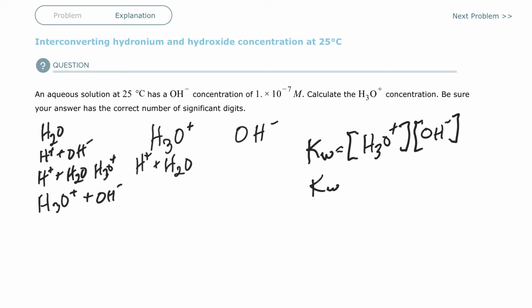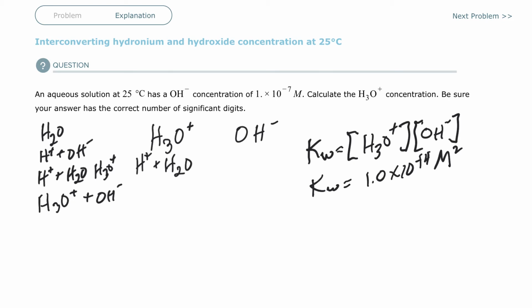K sub W is going to equal 1.0 times 10 to the minus 14 molarity squared. What that means is that if you're given one, you can find the other simply by dividing it into 1.0 times 10 to the negative 14. The product is called the ion product constant, K sub W. So the product of the hydronium and hydroxide ion concentrations will always equal the same number.